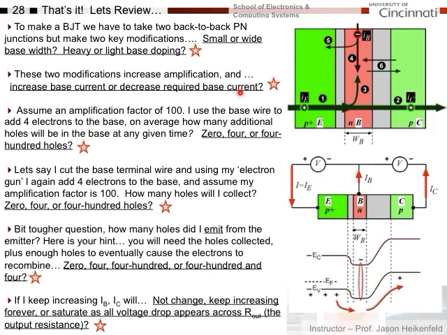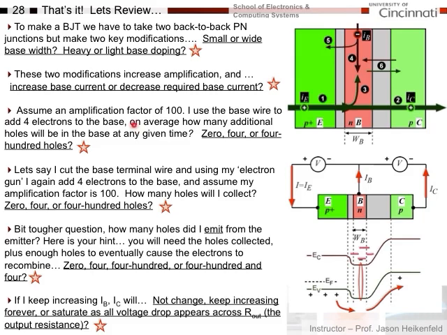Now let's ask ourselves this question. Assume I have an amplification factor of 100 and I use the base wire to add 4 electrons into the base. So let's say I'm over here in my diagram and I have 1 to start with. There's 1, 2, 3, 4. So I put 4 electrons into the base. Okay?